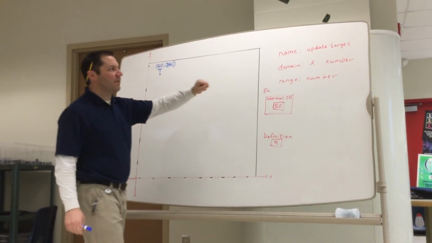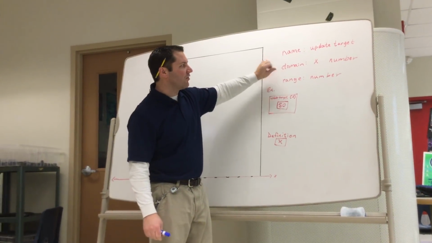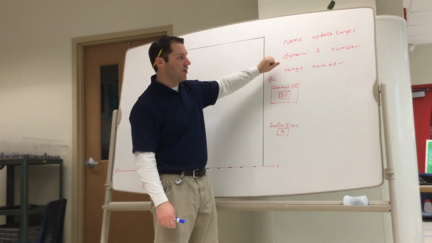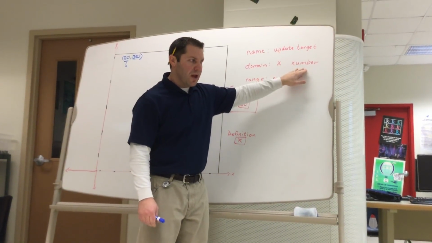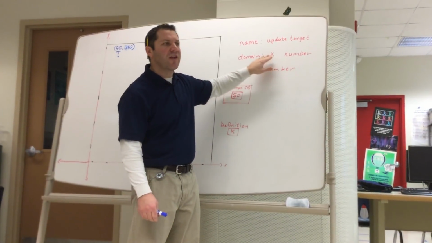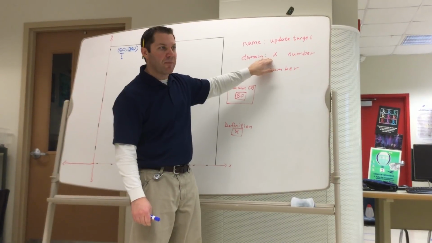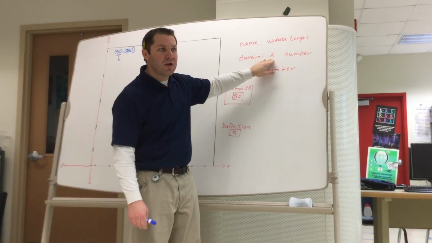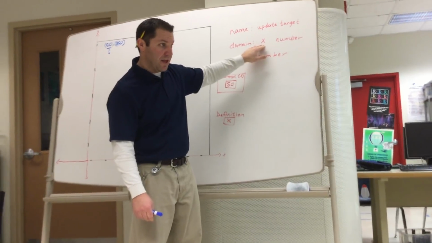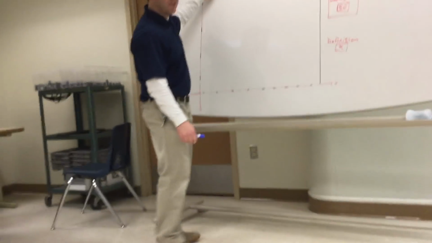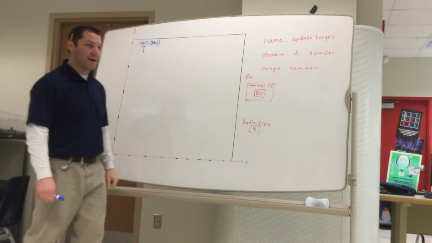So here's our little contract, and I've just started the design recipe over here for update target. Update target's the name, the domain is a number, and the variable that we're calling that number is x, and that x actually represents the location of your target in your game, the x value. In this case, our x is 50, okay?